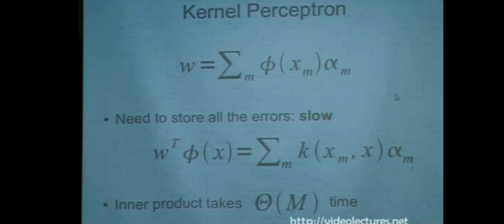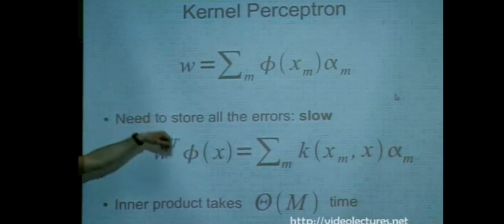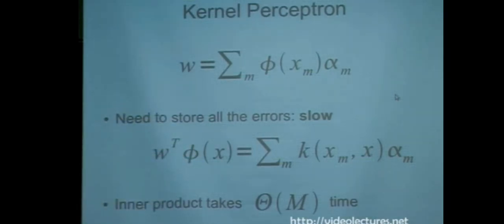It has all the perceptron guarantees and is easy to implement. But the bad thing is that computing the inner product of W with phi of x takes linear time in the number of errors. If you make many errors during training, this inner product will become slow, and it will slow down learning. For example, if you make 10,000 errors, it will become prohibitively slow.